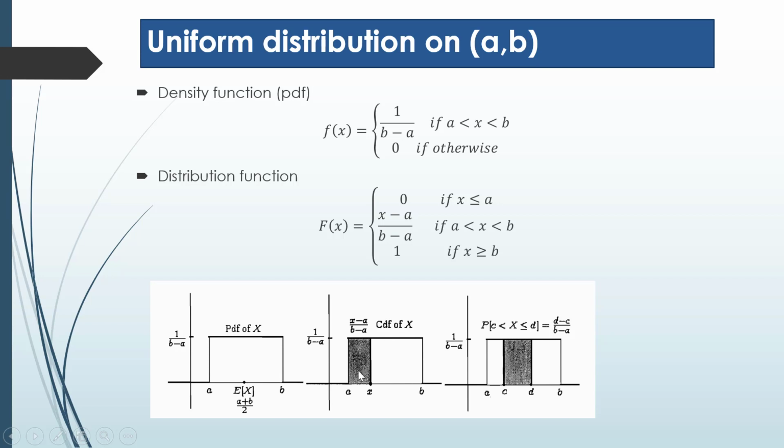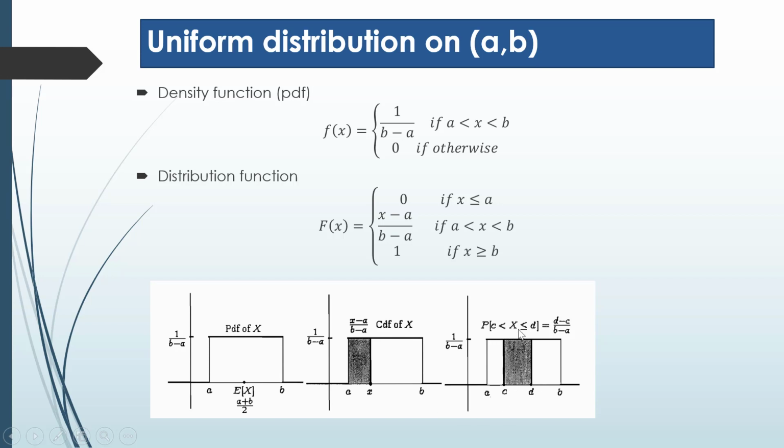So F of x is the ratio of the shaded area over the whole area, which is x minus a over b minus a. F of x here means the probability that X is less than or equal to x. If the question asks for the probability that X is at least x, then we look for the white rectangle. So it becomes b minus x over b minus a.